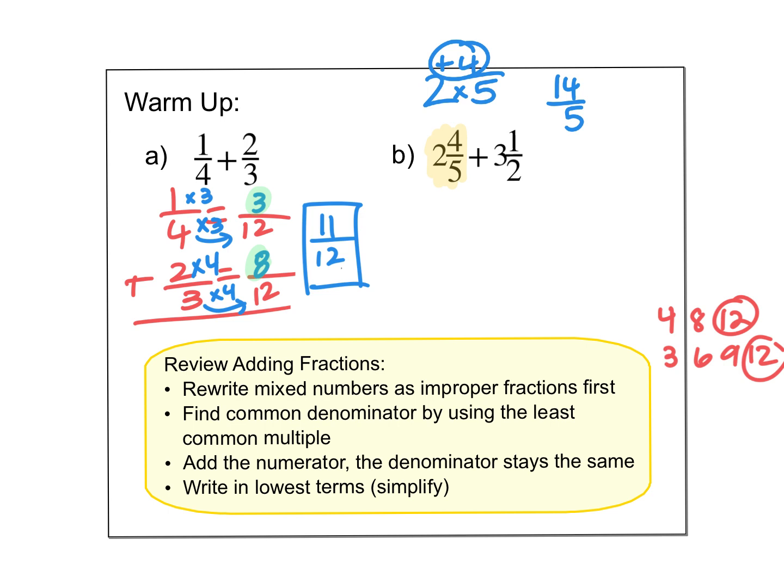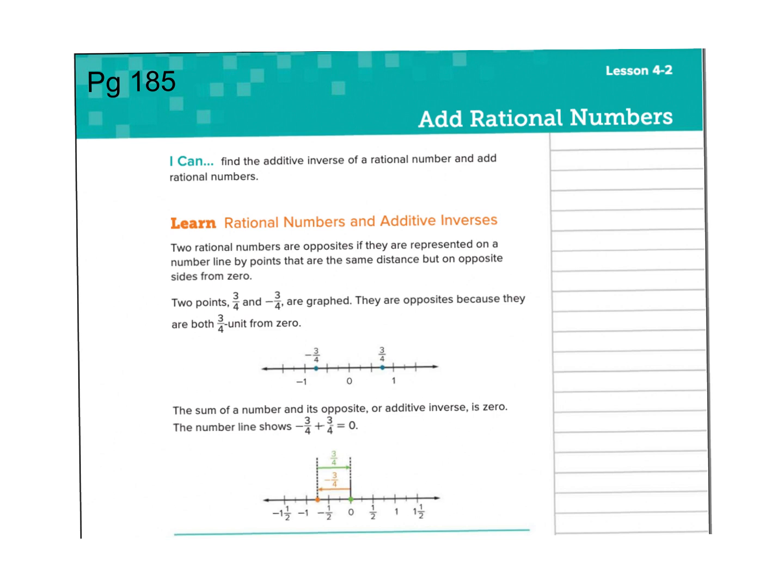Okay, if I do the same thing here, I do 3 times 2, which is 6, and then I add the 1 on the top, which is 7, and then the denominator stays. Okay, then I could get a common denominator for 5 and 2, and I could add those fractions. So that's just a quick refresher on how to add fractions. So let's go ahead and open your math book to page 185, and this is where you're going to be doing your work.